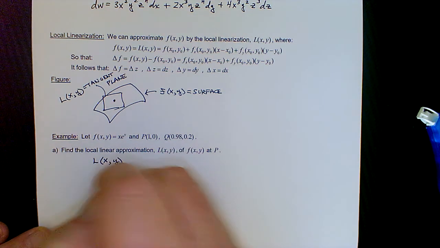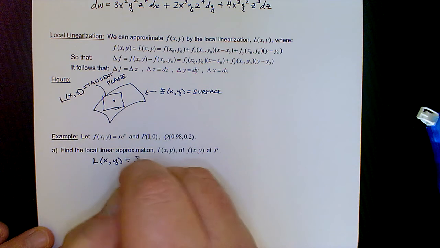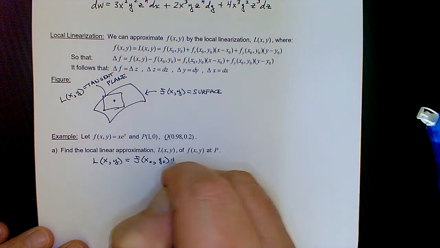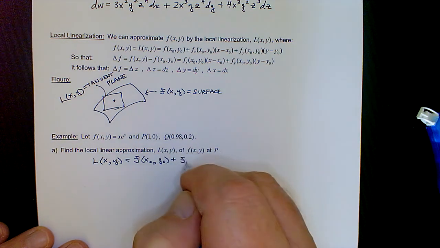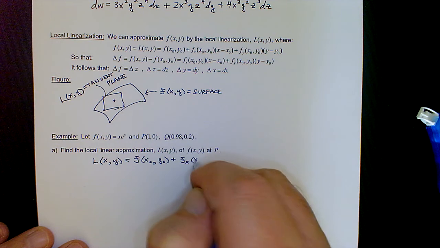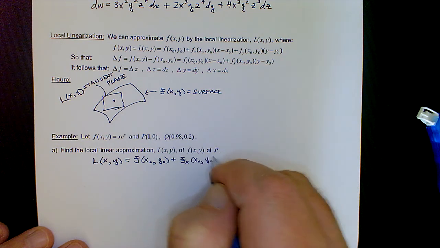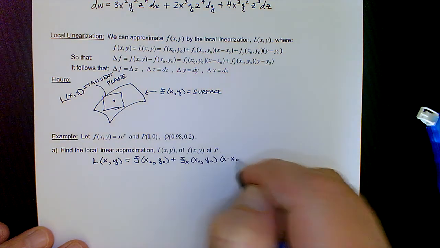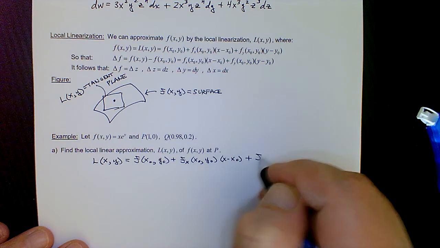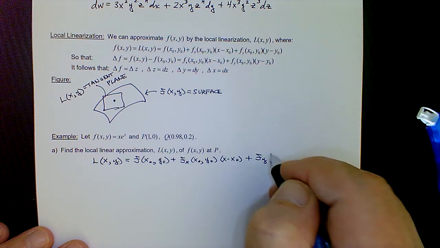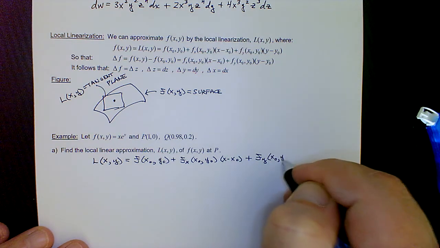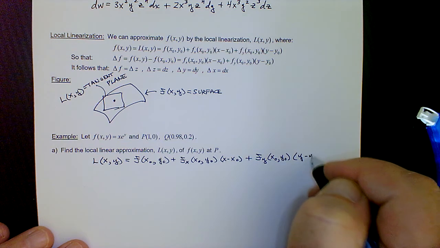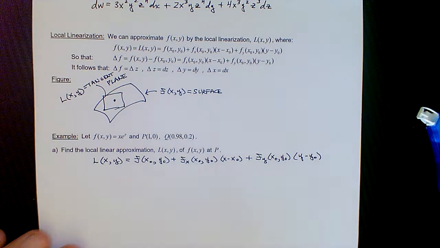L of xy is the function evaluated at x sub 0, y sub 0, and then plus the partial with respect to x evaluated at that point times the quantity x minus x sub 0, and then plus the partial with respect to y evaluated at that point x sub 0, y sub 0, times the quantity y minus y sub 0.